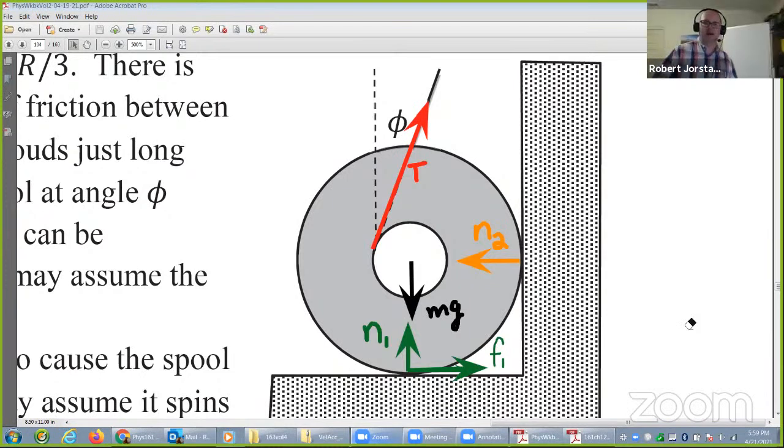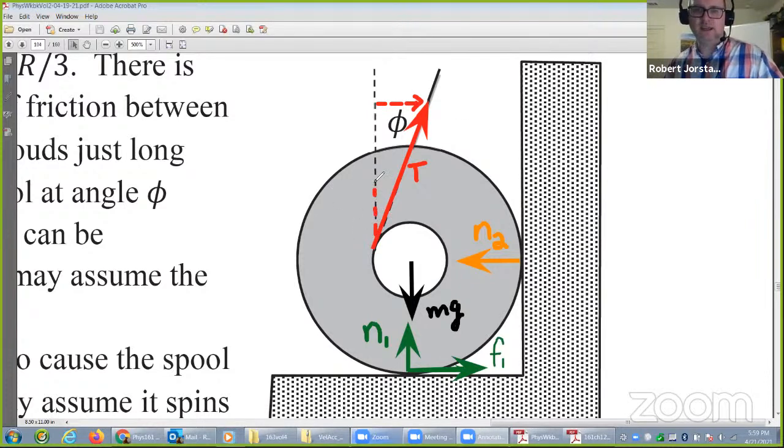Right. Now, in this case, the tension is going to slam it into the wall. Do you agree there's a component of tension trying to slam it into the wall? Correct. And so that's why it doesn't slide. There should be this component of tension this way that's keeping it pressed against the wall.